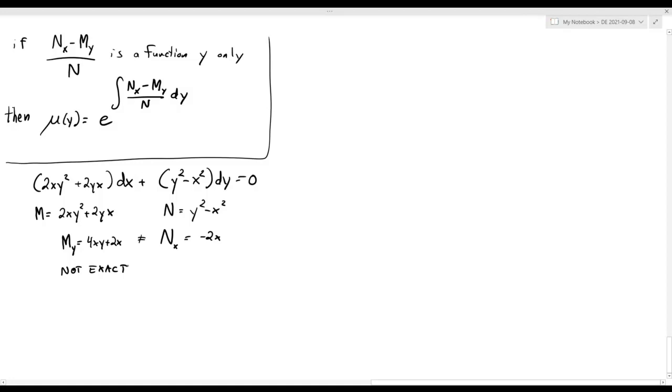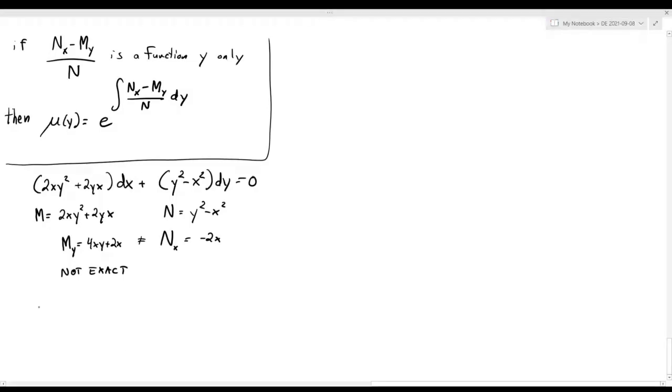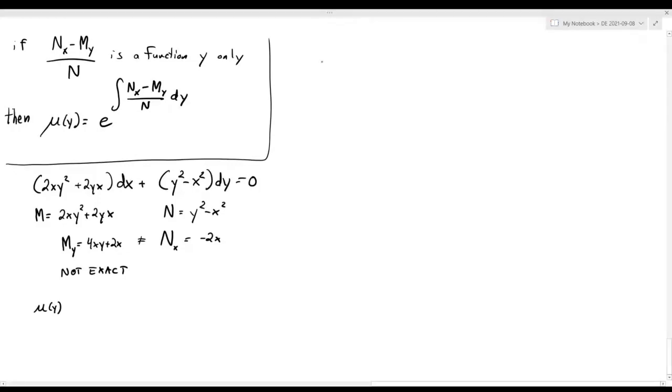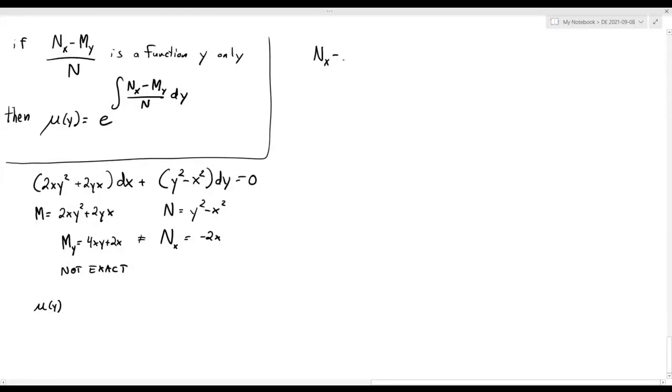Here I'm going to make a simplifying assumption that our integrating factor is just a function of y and see if that assumption works. Remember that for that assumption to work, we have to check whether this expression is a function of y only.